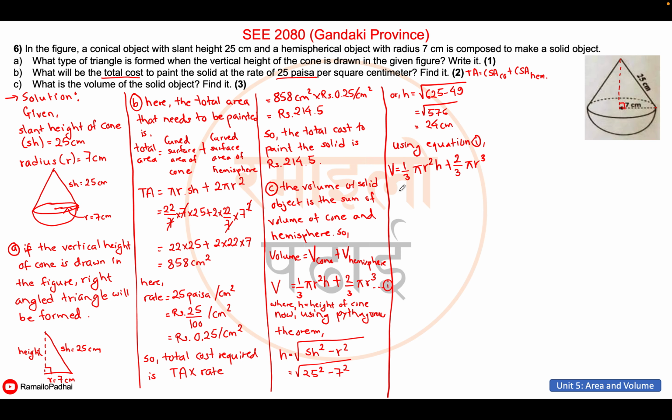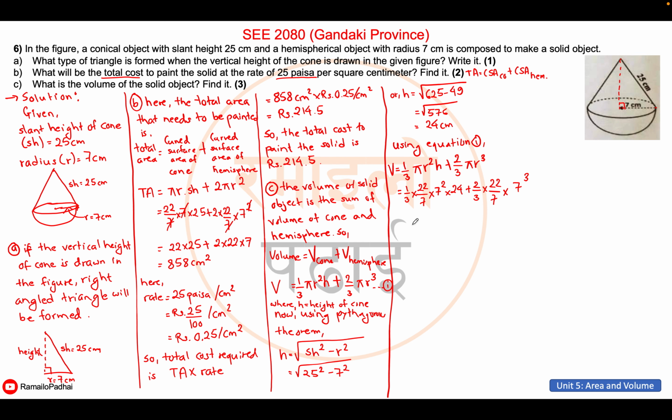So putting values, it is 1/3 times pi, which is 22/7, times r square. So r is 7, so r square is 7 square, times h, which is 24, plus 2/3 times pi, which is 22/7, times r, so r is 7 cube.